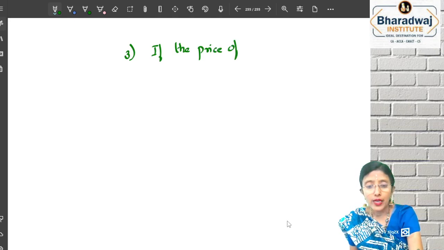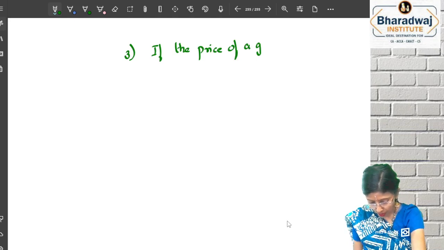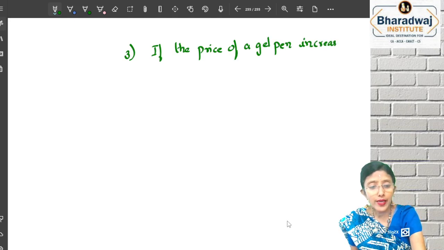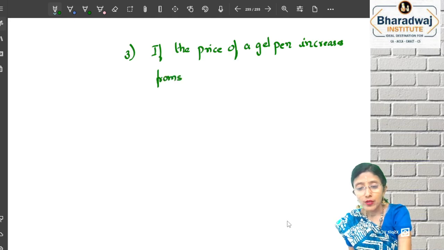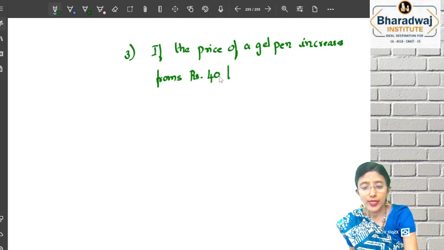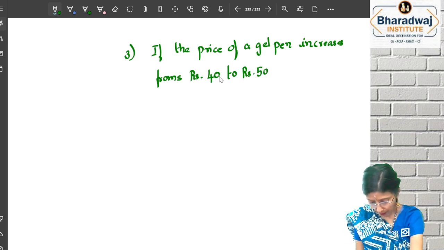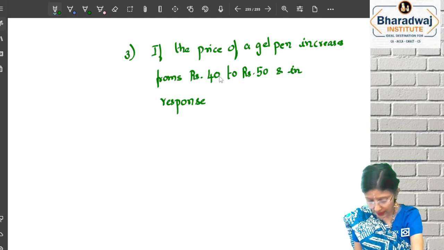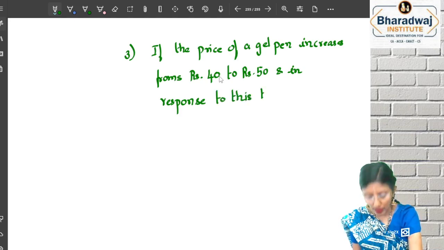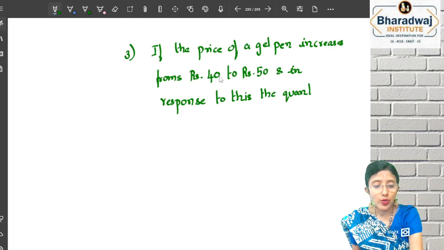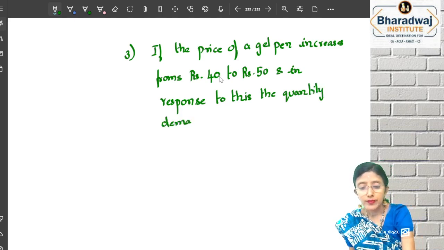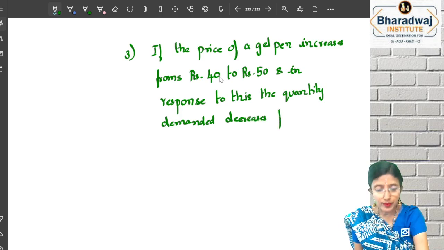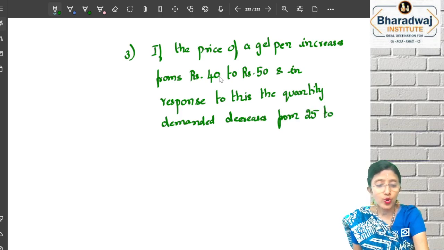If the price of a gel pen, even see June 2023 also this is asked, the price of a gel pen increases from rupees 40 to rupees 50, and in response to this the quantity demanded decreases from 25 to 20 units.